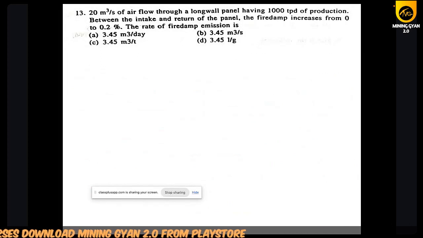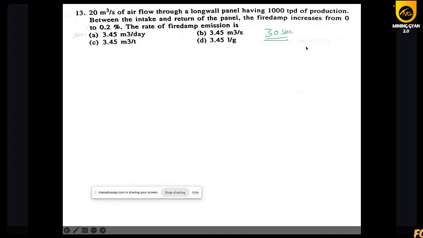Question number 13: if you want to try, you have 30 seconds, and then we will discuss. In this question, he has said 20 meter cube per second of airflow through a long wall panel having 1000 TPD, meaning ton per day of production.